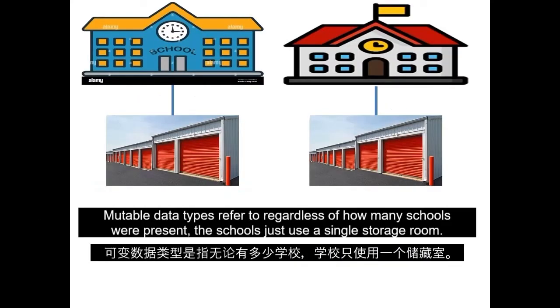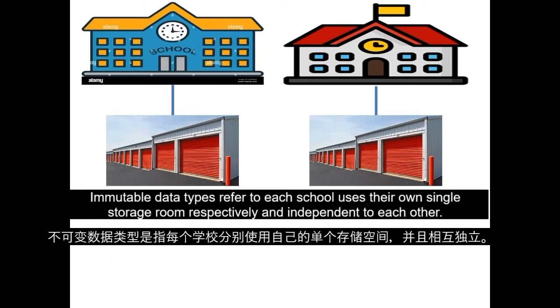Mutable data types refer to the case where, regardless of how many schools are present, the schools just use a single storage room. Immutable data types refer to each school using their own single storage room, respectively and independent of each other.